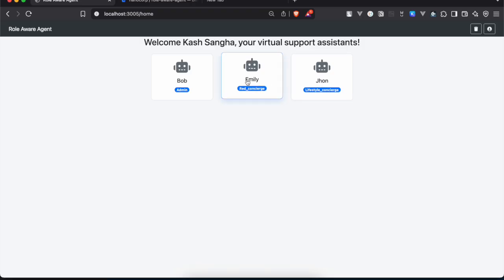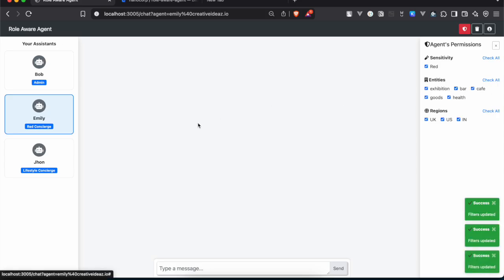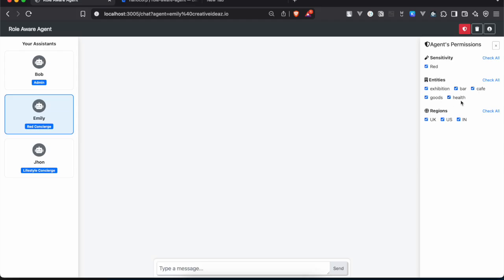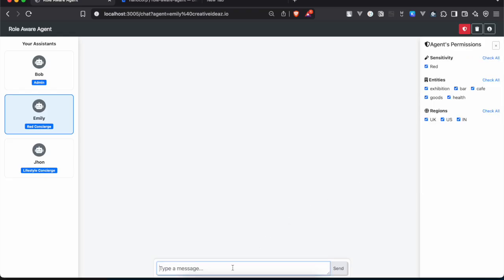Cash wants to talk to Emily, and check this out. Emily has access to exhibition, bar, cafe, food and health, whereas I as a user have access to all the data. I know for sure that Emily does not have access to service data, but I do.